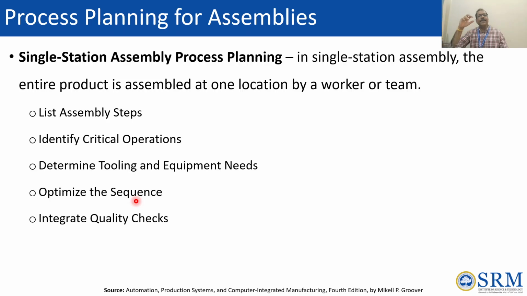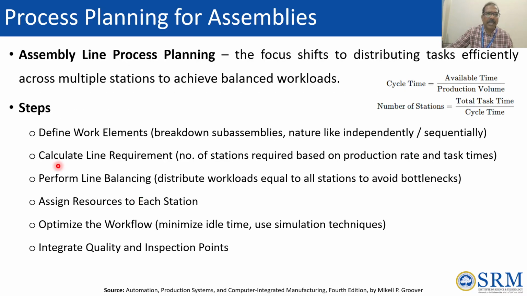Many mathematical models and tools are available in the industry to decide which sequence of operations is optimal in terms of time saving, without compromising the quality of the product and without compromising the functionality of the product.